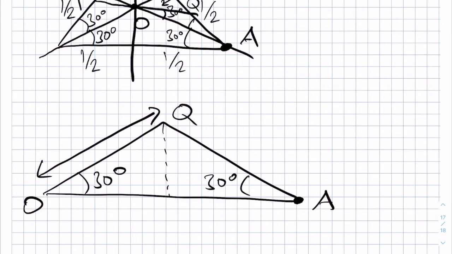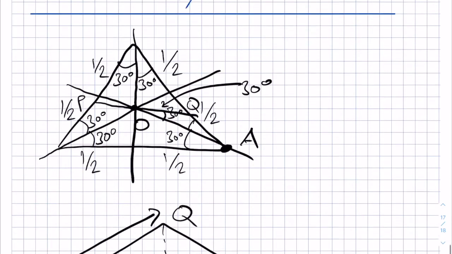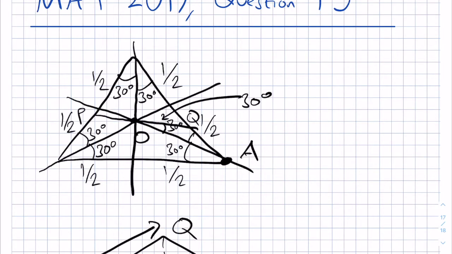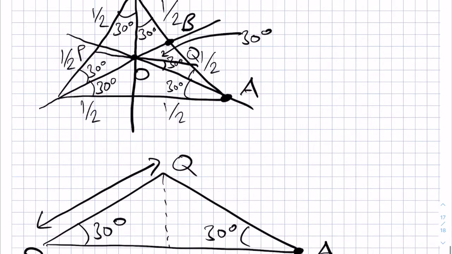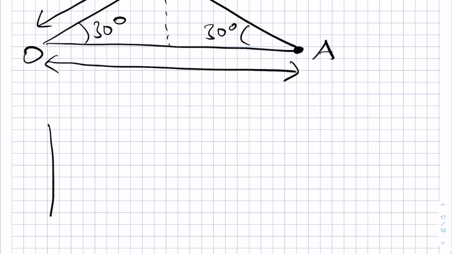It would be helpful if we could identify, say, the length O to A using properties of this equilateral triangle, i.e. that O is the centre. And if we do this on yet another diagram, let's say the diagram that includes this triangle here, let's call that point that bisects that line B. Then we can draw out the triangle that looks like this.